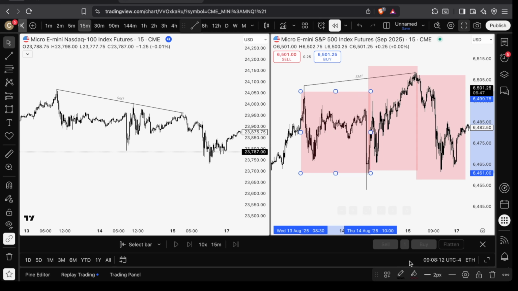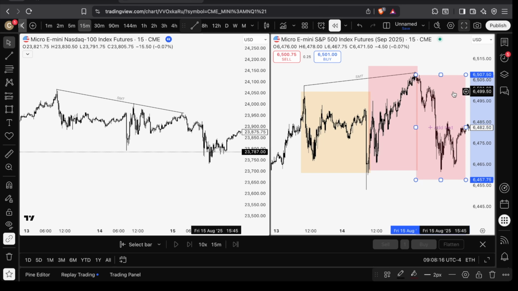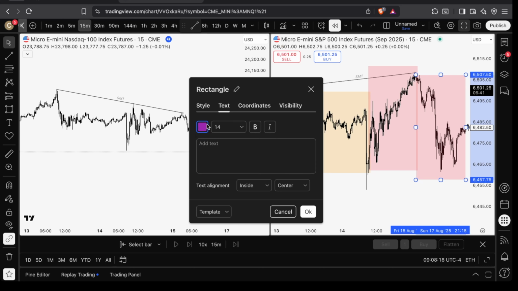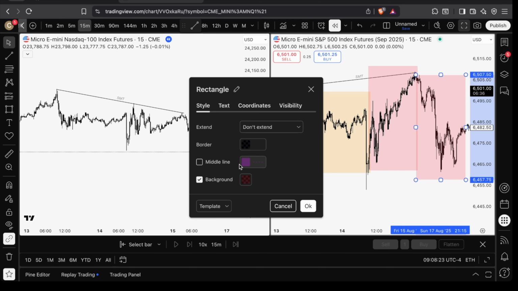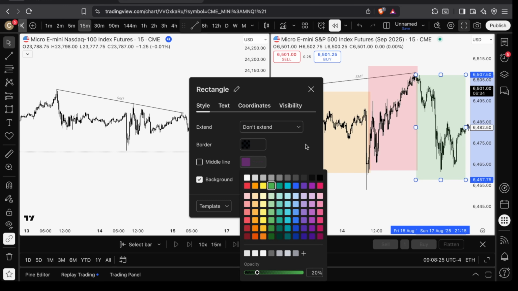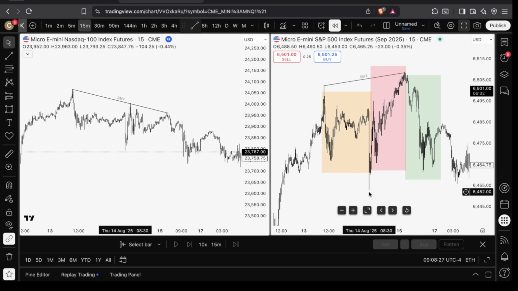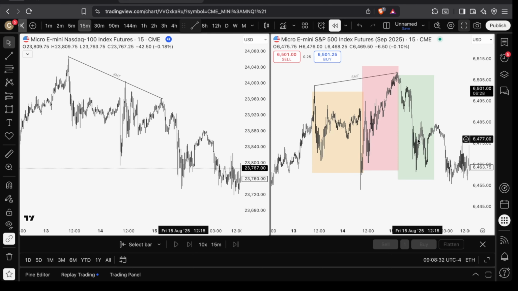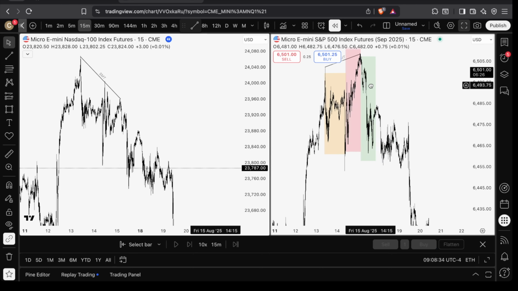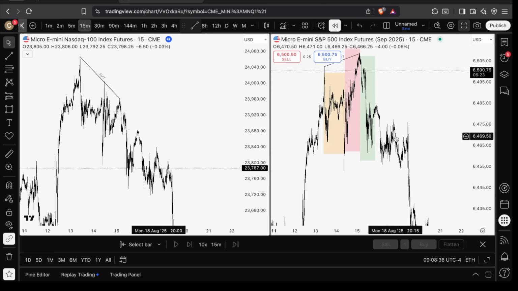Let me change the colors, right? Can I change it? Oops, not that. Distribution. And what did the market do next? Reversed and started going in a downtrend.